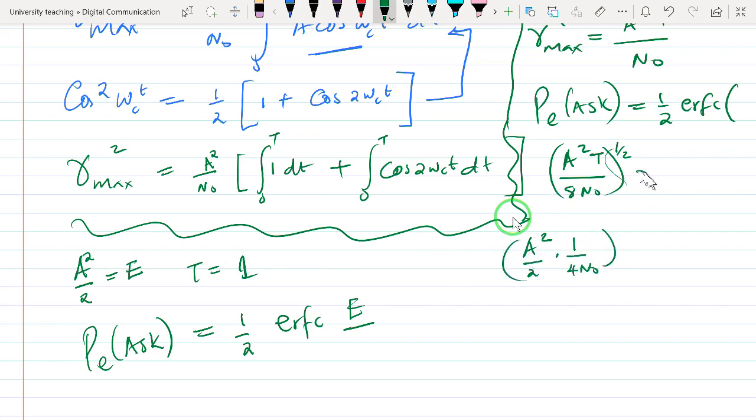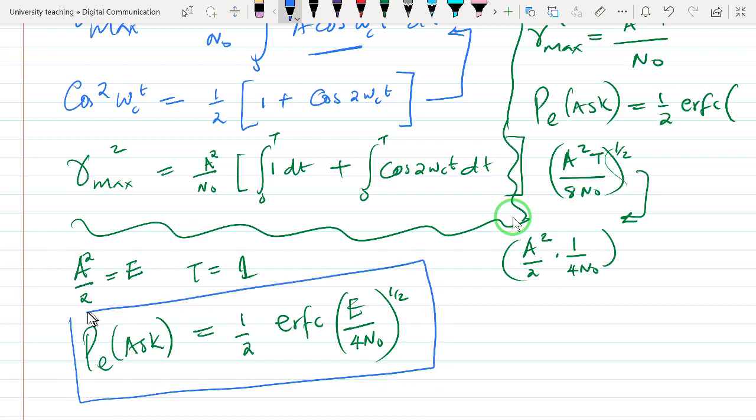This is the term we are breaking from that, and therefore when we have replaced this with E, we are left with 4 n naught, and this is to the power half. So officially this is the value of probability of error for an ASK signal, as we have already found out. So that is how we analyze the ASK modulation scheme in terms of its probability of error.